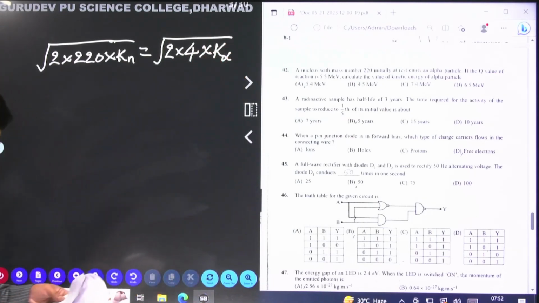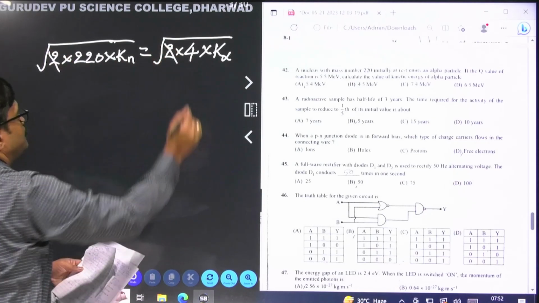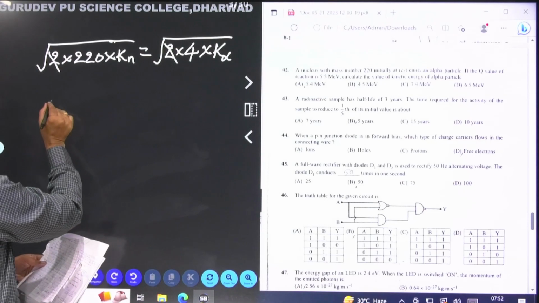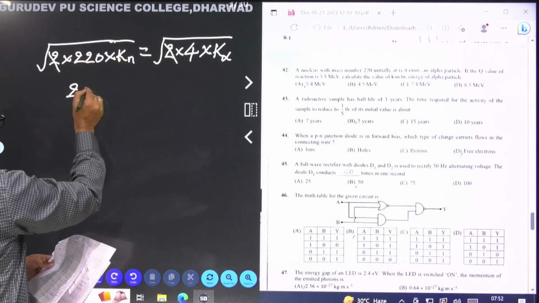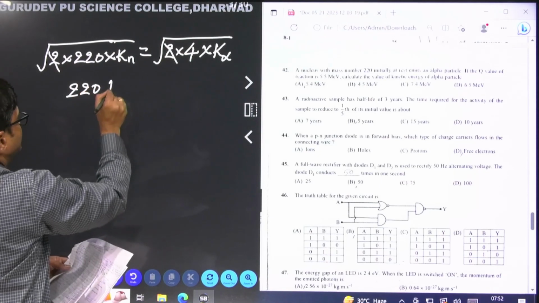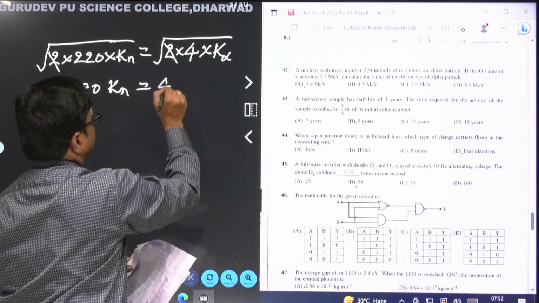Now if you simplify here, I can cancel off 2, and I can square on either side, so I'll get 220 Kn is equal to 4 K alpha.